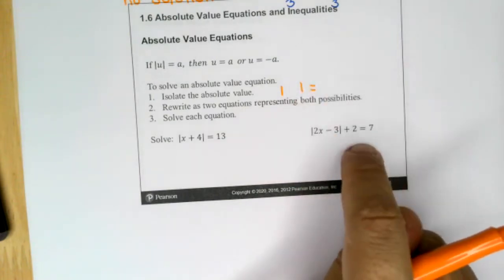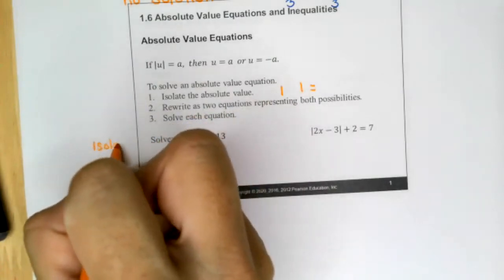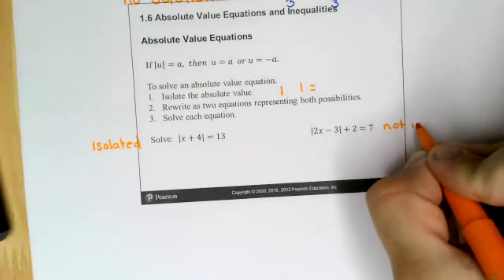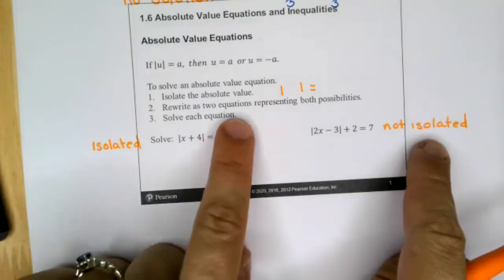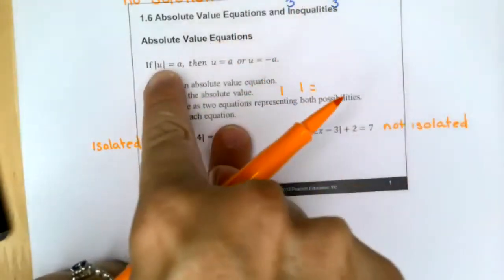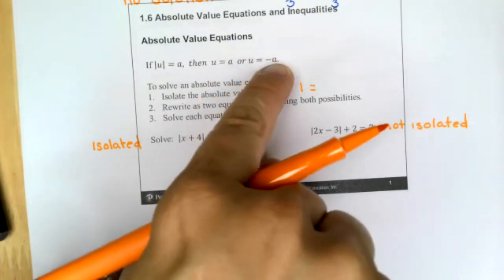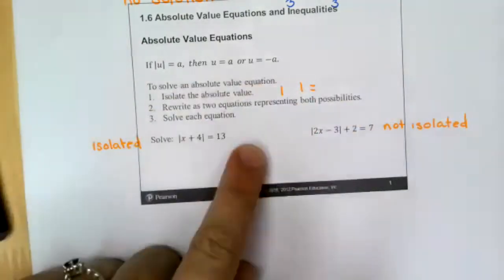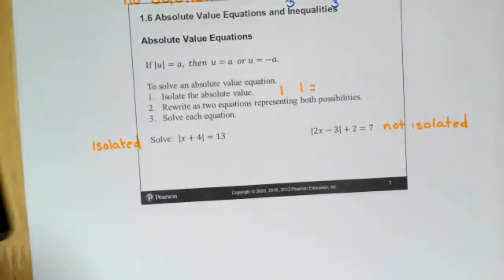Then you're going to take away the absolute value bars and write it as equal to A or equal to negative A with no absolute value bars. And then you're just going to solve it like any other equation.